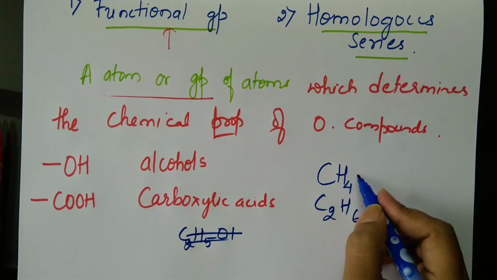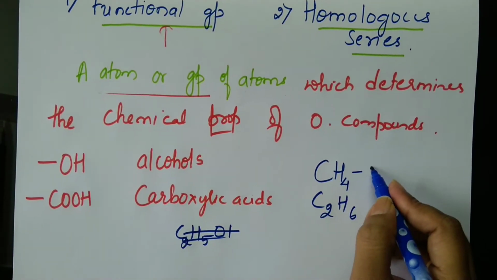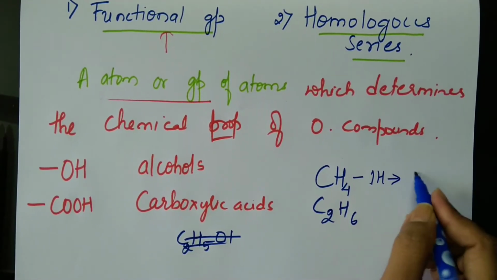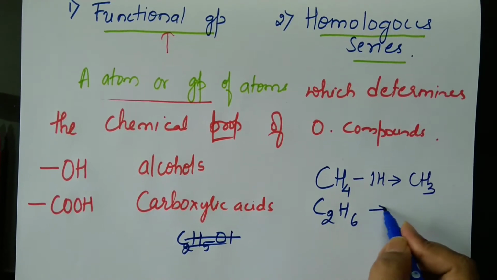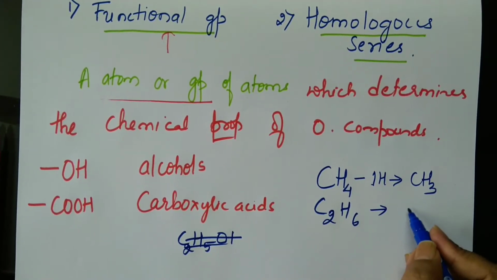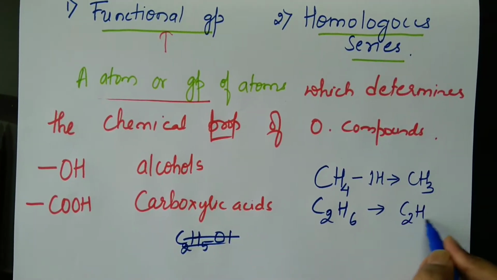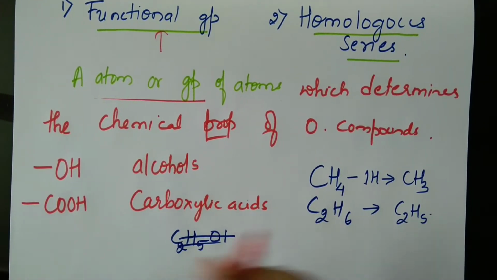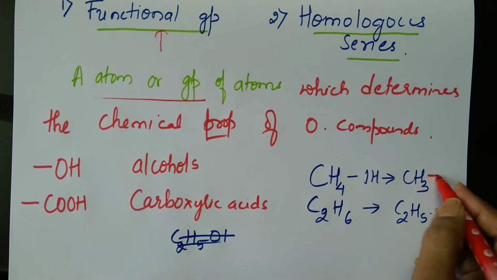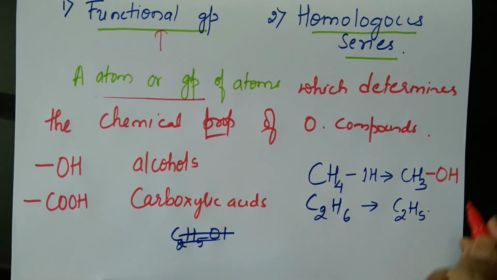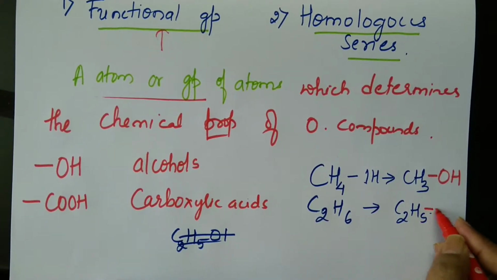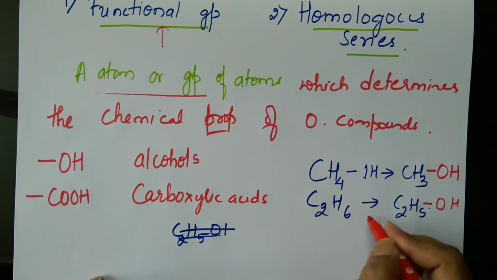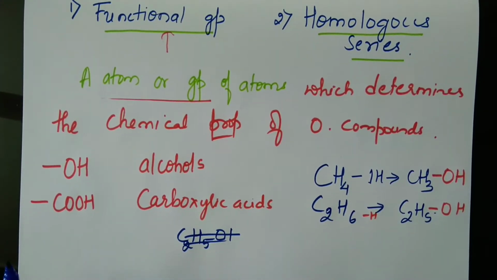If I remove one hydrogen from methane, I get CH3. If I remove one hydrogen from C2H6, I will get C2H5. So one hydrogen has gone out, and in place of hydrogen I am going to bring in one OH.